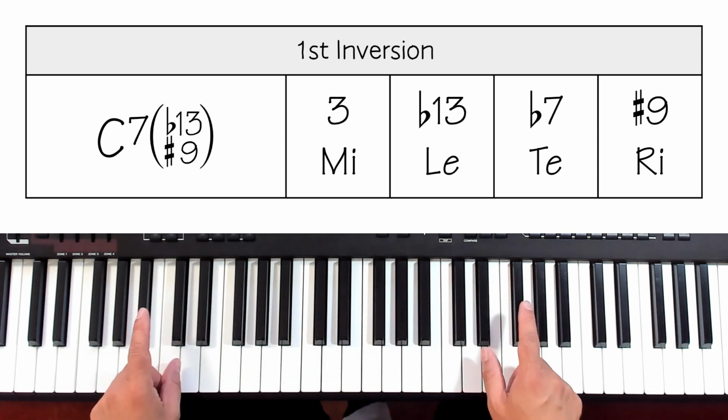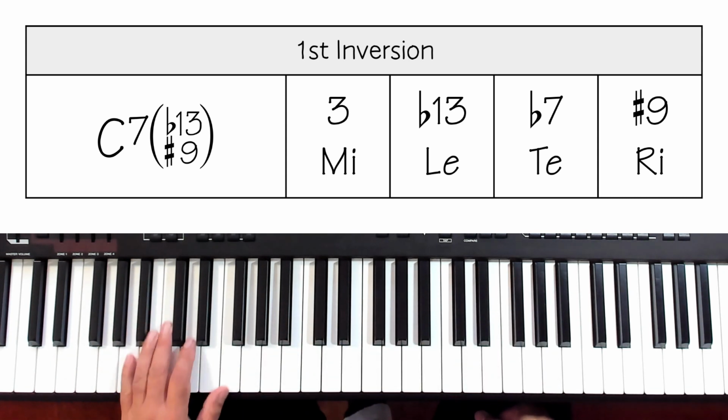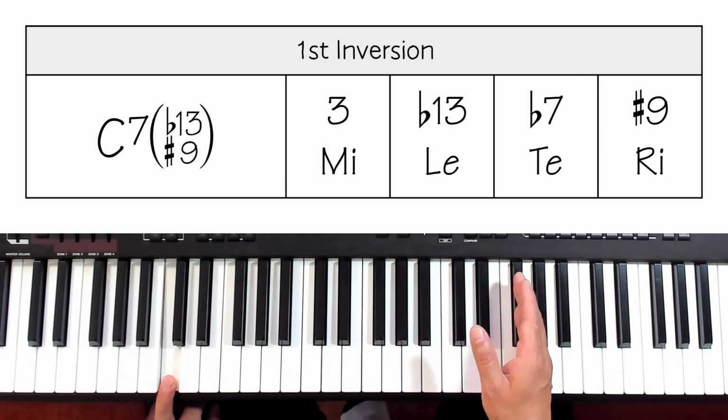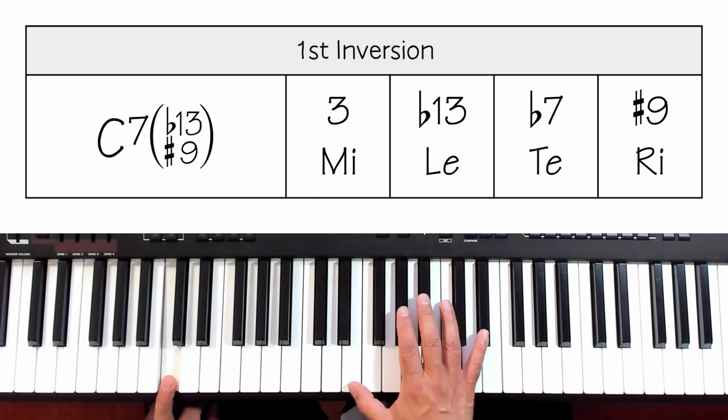Okay, good. Now we're going to build this chord in all 12 keys. So here we go. C. We're going to build the chords ascending, and we're going to play each note and sing each note.